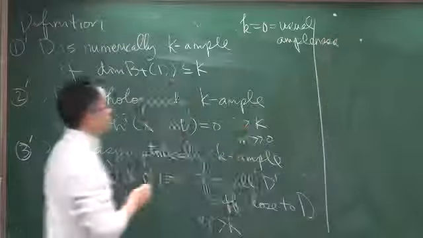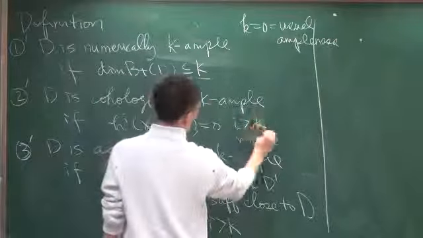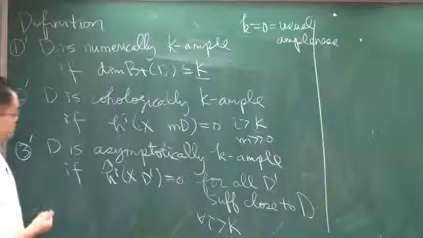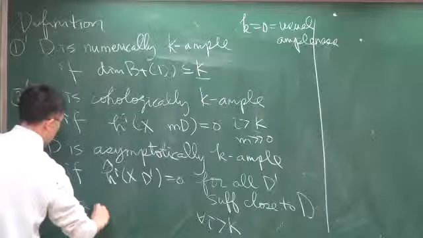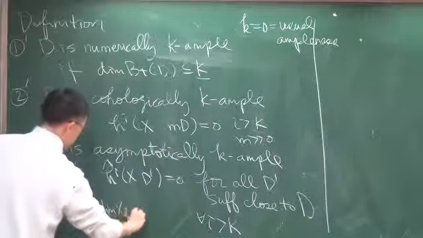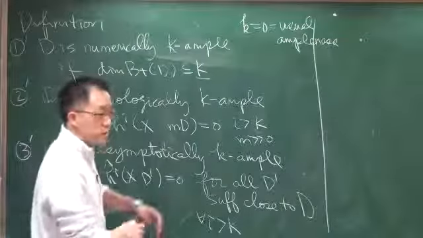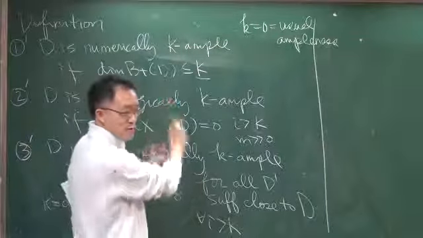But if you relax the conditions here, they no longer coincide. So here K is between 0 and the dimension of X minus 1. But what if you're choosing a nef and big divisor? Yeah, that's actually the main theorem. If nef and big, they all coincide.